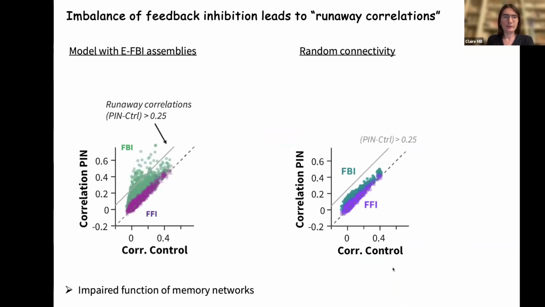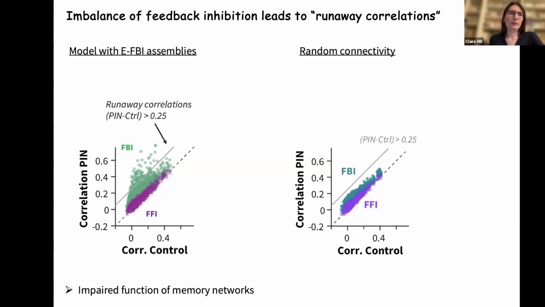Now, these runaway correlations do not occur for all odor pairs, but only for some. And this is what you can see here more clearly when I plot the correlation during PIN as a function of the control correlation, so the correlation when inhibition is intact. To convince you that these runaway correlations emerge in the presence of excitatory-inhibitory assemblies, here you have the same plot, but for networks with random connectivity.